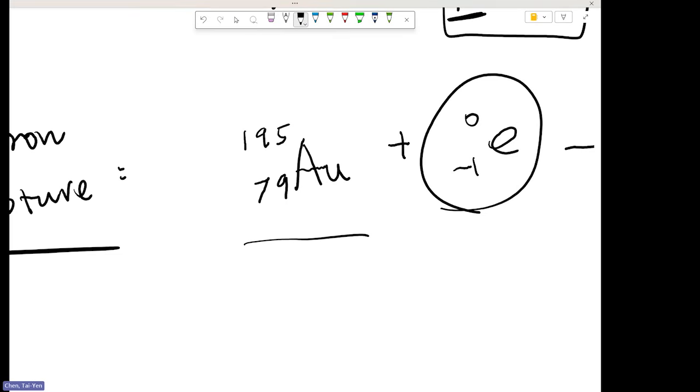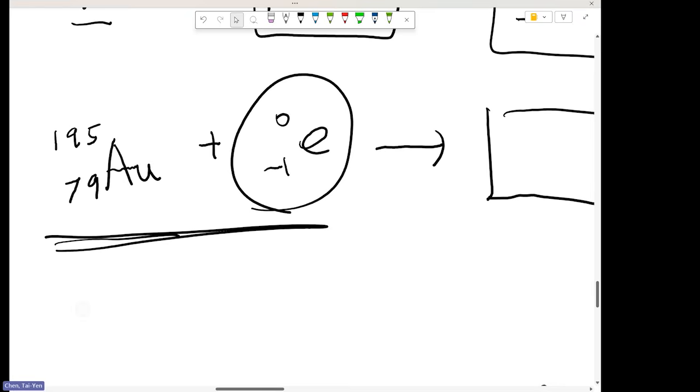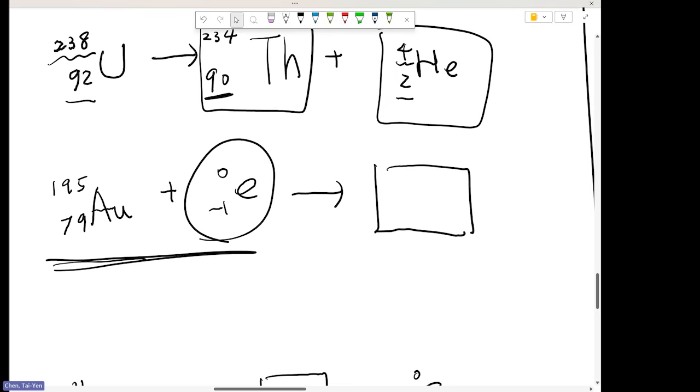Then this should be what you write out on the paper. Once you write these out, you know your proton number on the right-hand side should be 78 and the mass number should be 195. So what's 78?